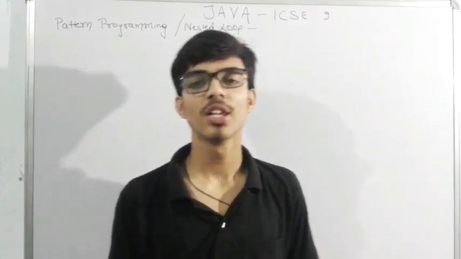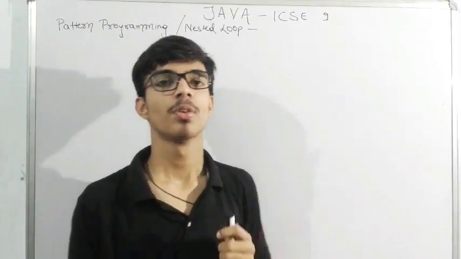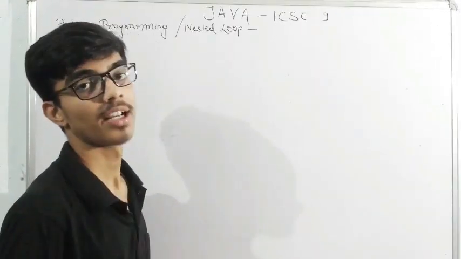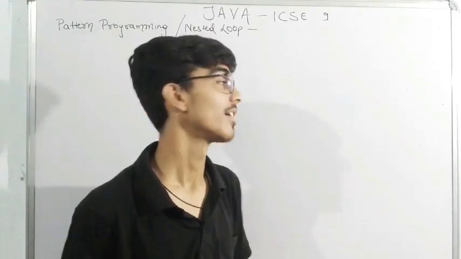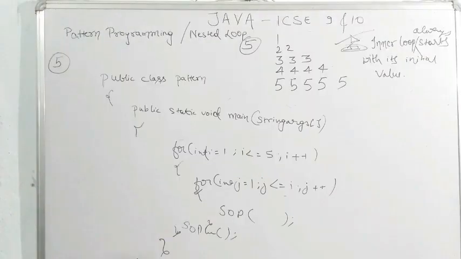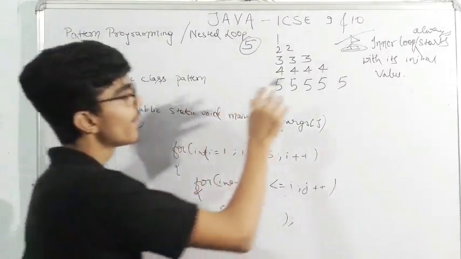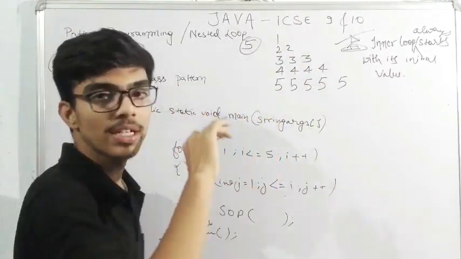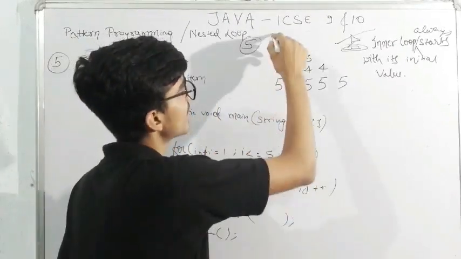So today we'll learn about nested loop or continue pattern programming in Java. So let's start. Now moving to question number 5, we have to write a program to print the following pattern, and this is the pattern.